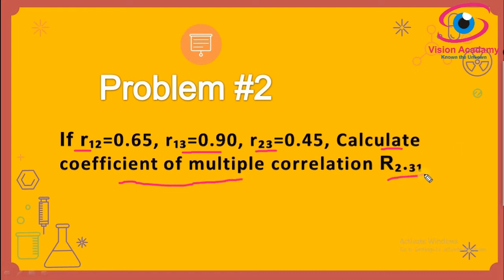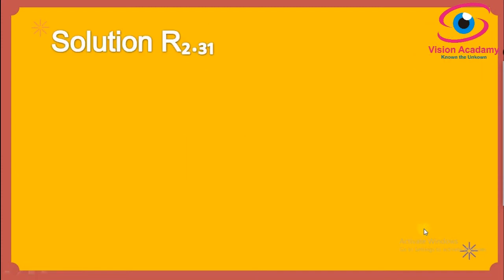In the earlier example we considered 1.23. In this example we will consider 2.31. Then we need to consider the second option of 2.31 as the formula. So let us move further. Let us calculate R2.31.